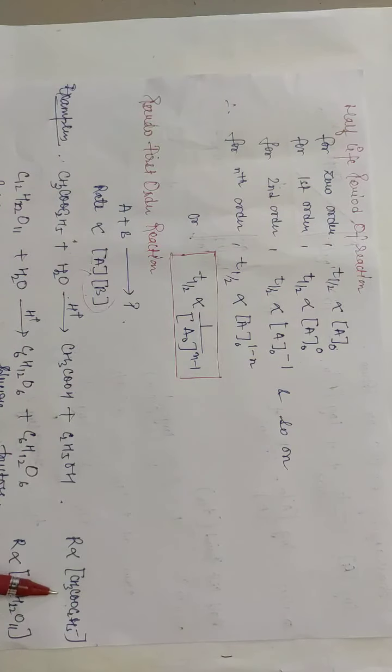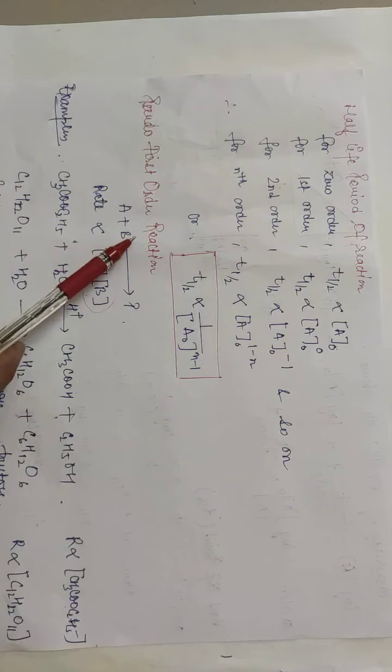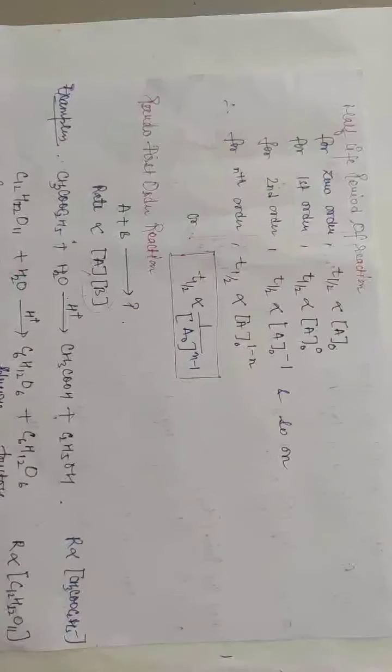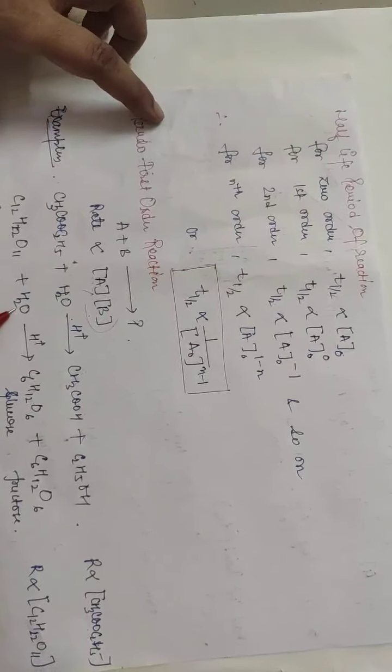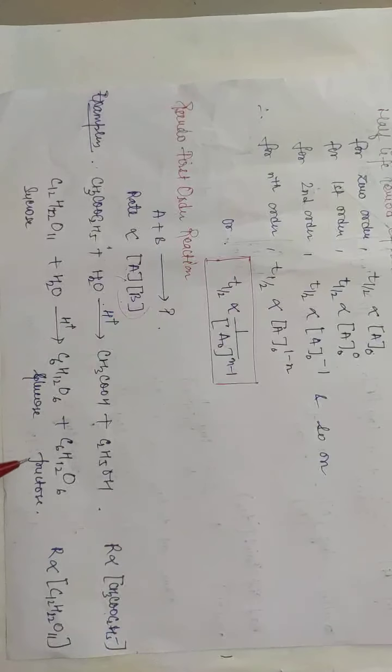Similarly, acid catalyzed inversion of cane sugar is also a type of pseudo order reaction where water is present in large excess and the rate for the reaction is directly proportional to the molar concentration of sucrose only.